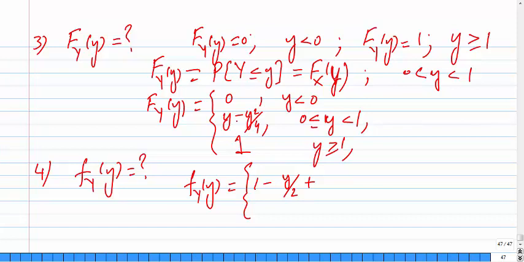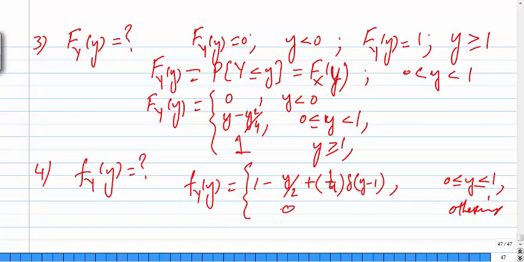So for y equal to 1 it is 1 by 4. We have to take this limit for y equal to 1, so we have 1 by 4. Now we have to multiply with the delta, that is y minus 1, because at this point we have a jump. This is only possible when y is between 0 and 1, otherwise the value is 0. So this is the PDF that we can calculate.